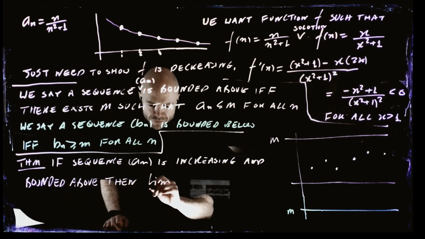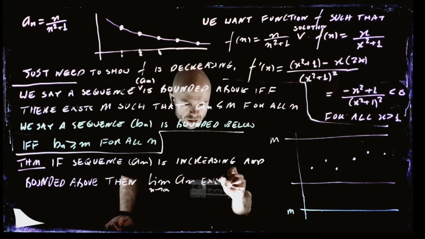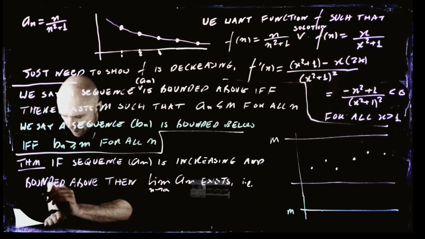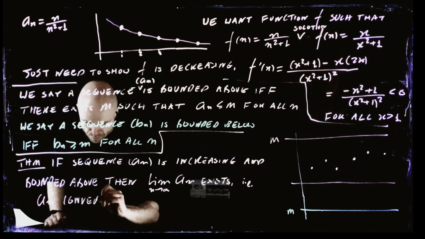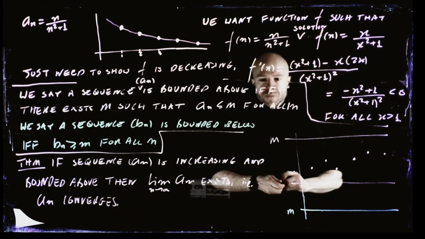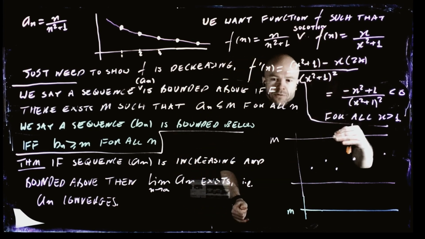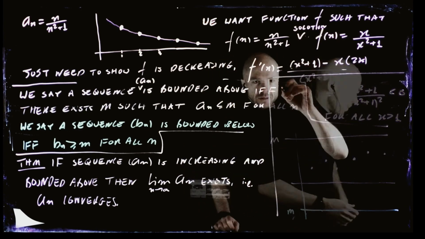So the limit as n goes to infinity of a_n exists, i.e. a_n converges. Okay, take a fresh sheet of paper and draw a sequence that is increasing but bounded above, and then from your picture try and explain to me why this is true. Let's do this together.